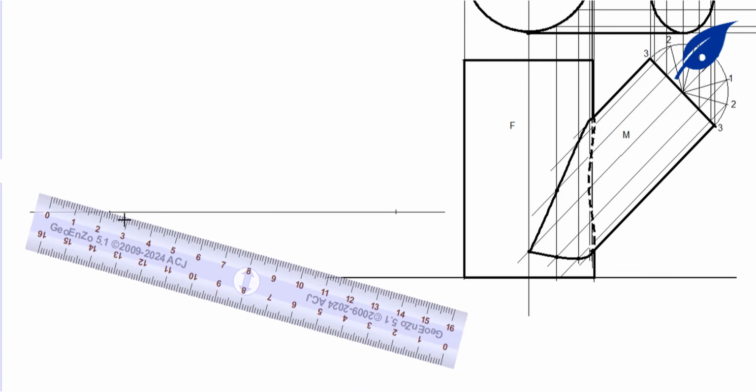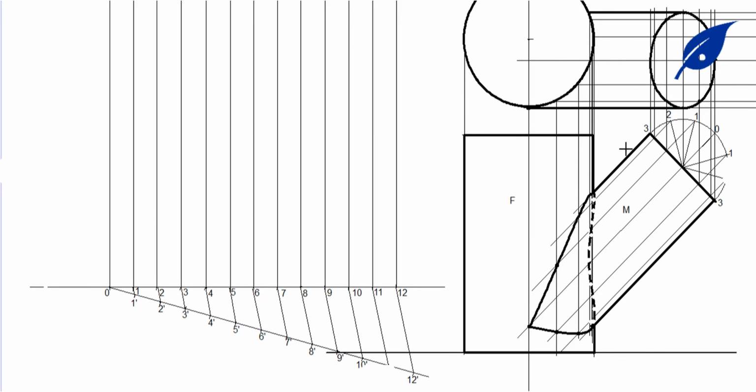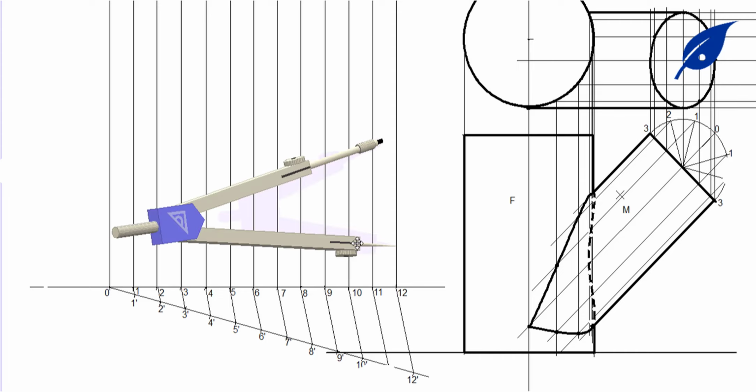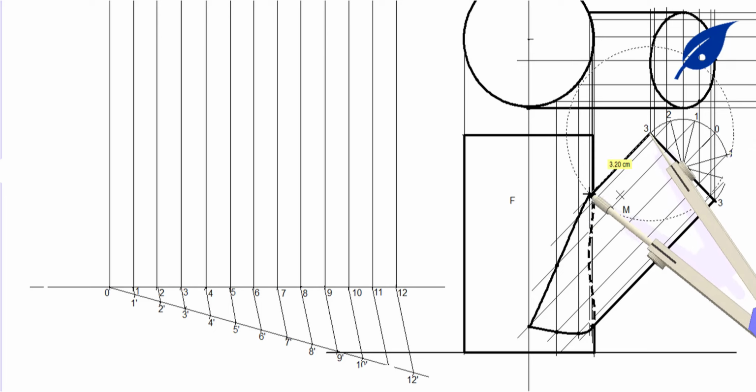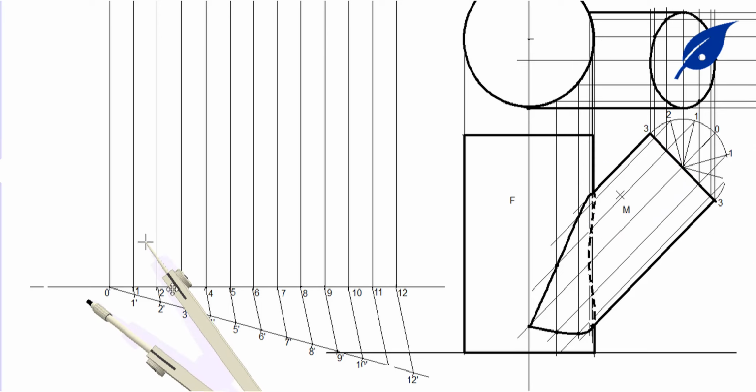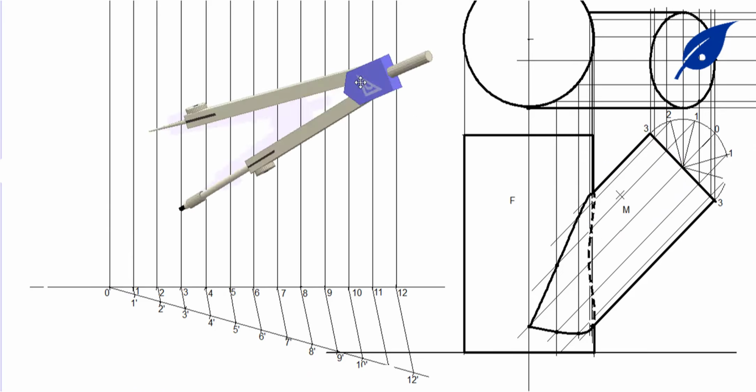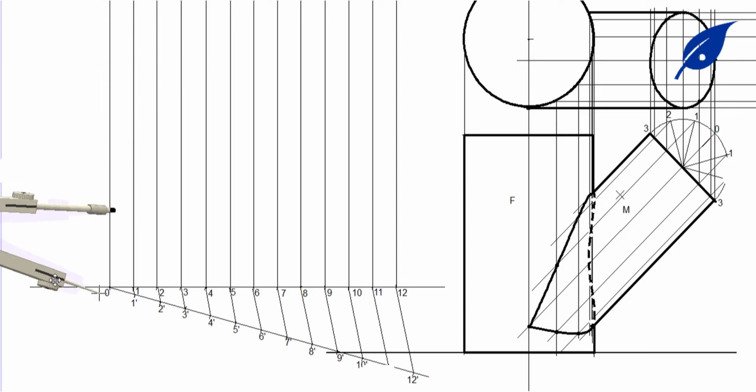Either from the whole length, or pick each of the distances, either 0 to 1, 1 to 2, or 2 to 3, to create this line, or you get the whole circumference and divide it into 12 equal parts.